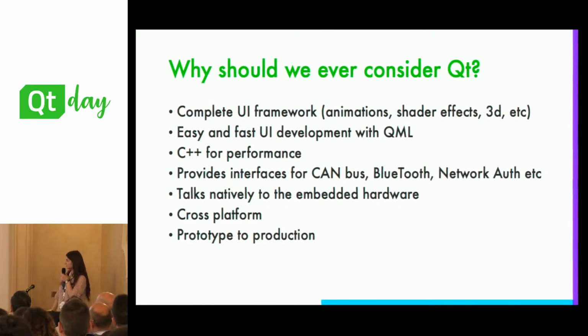It also talks natively to the hardware and, basically one of the most important, it is cross-platform, meaning that the same software that runs on a car, I can actually run on my laptop as well. And I can do the daily development on my laptop and test the same software on the car, very important. And of course, prototype to production. We can sit down with designers, build something quickly in QML, and if they're satisfied, then we can take this to the product.